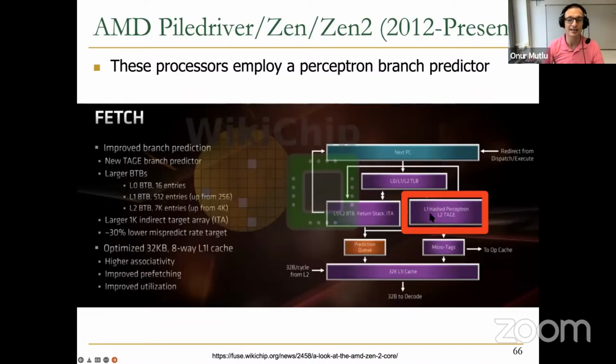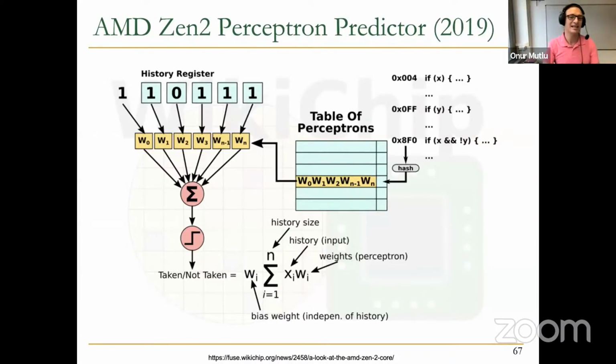As you can see over here, the first level predictor is a hashed perceptron. Hashed means you basically don't just use a program counter, but you hash information to get a weight vector, meaning a perceptron. And this is a nice picture from WikiChip that talks about how this operates, but it's essentially the same as what I just described, but you can also refer to other resources.